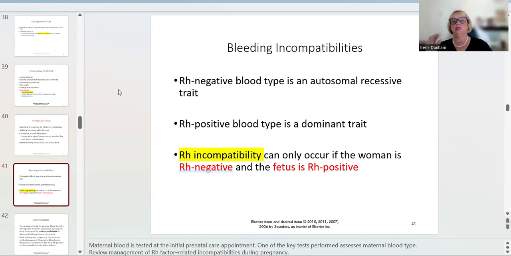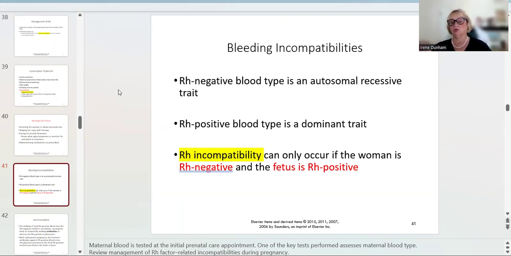So RH negative is a recessive trait, gets passed down. And then you have your RH positive, which is your dominant trait. Now there's quite a few people out there that do have RH negative blood type. But when you're pregnant, that presents a problem.